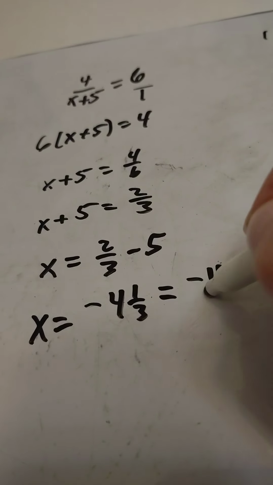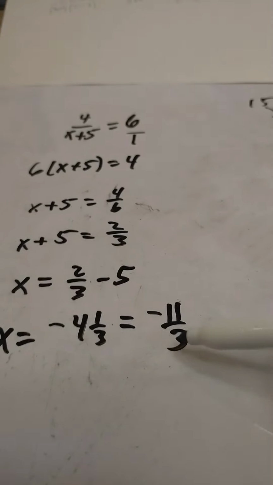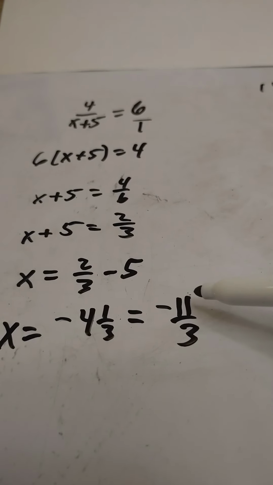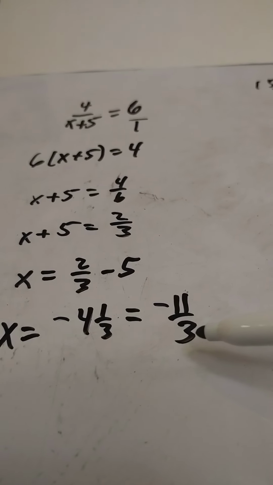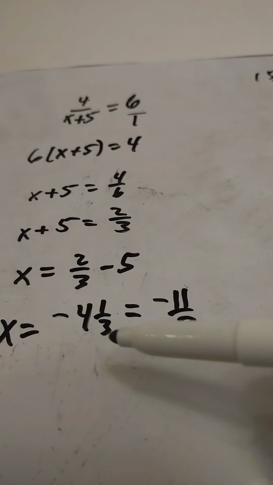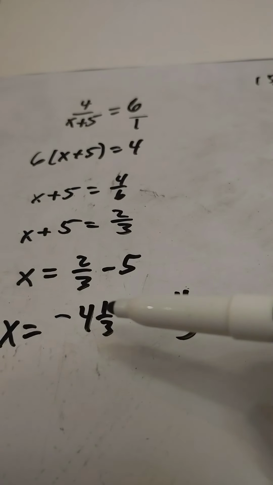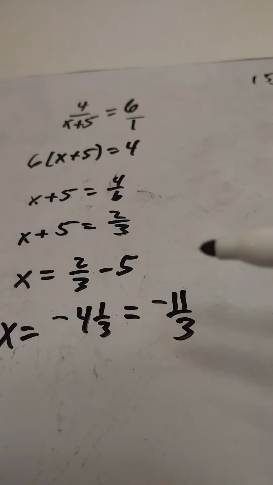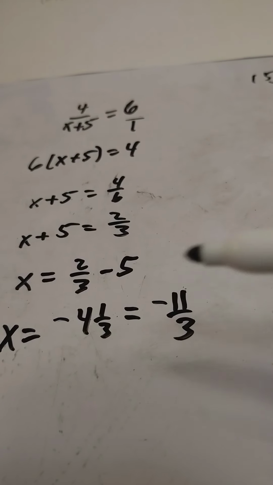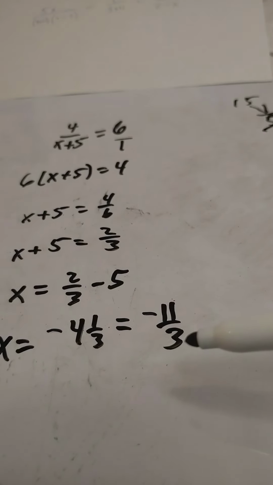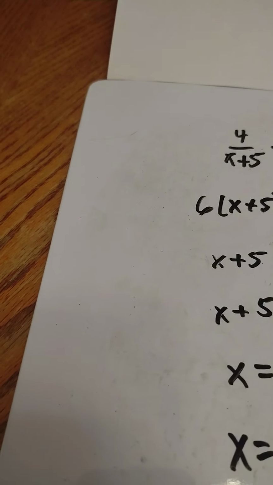So negative 11/3. Just to make sure that's right. 3 times what gives you negative 11? Ooh, that isn't right. Okay, I know what I did wrong.